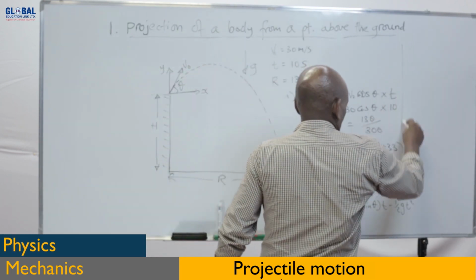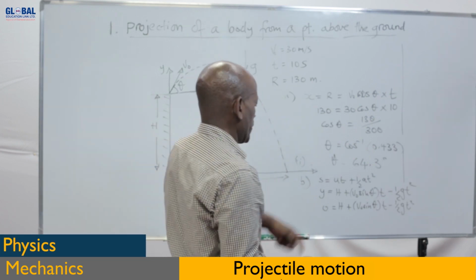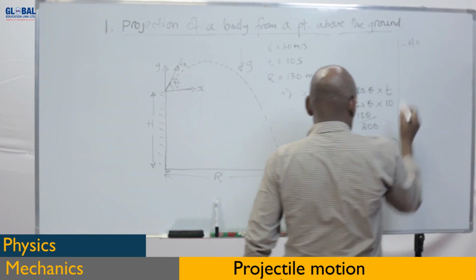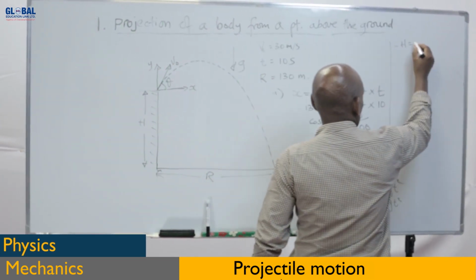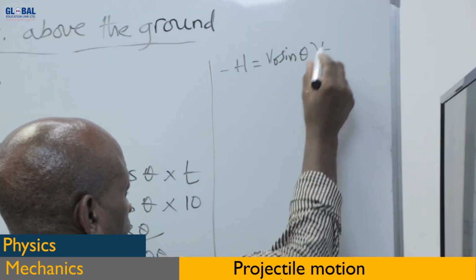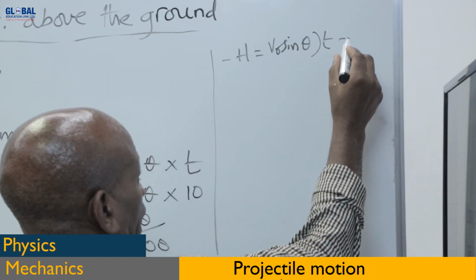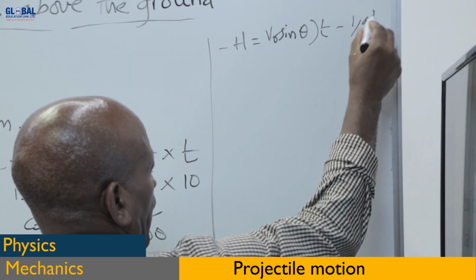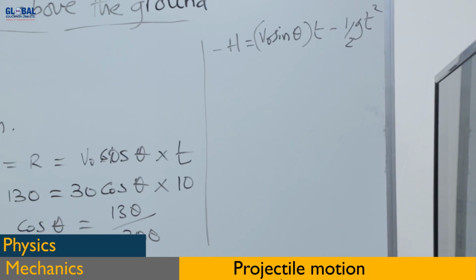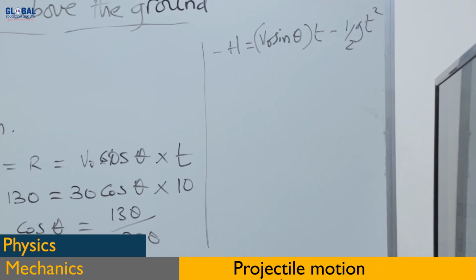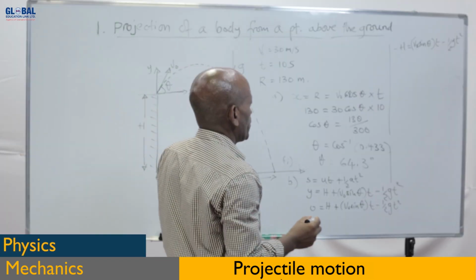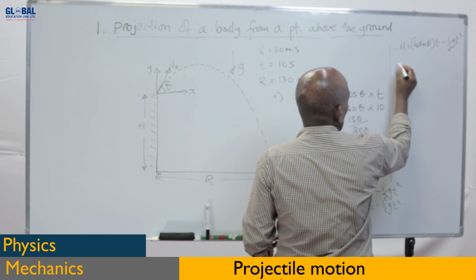Solving this, if we proceed from that expression, we get minus h equal to v naught sin theta times t minus a half gt squared, where we can substitute the values to obtain h, as long as we know the angle theta.